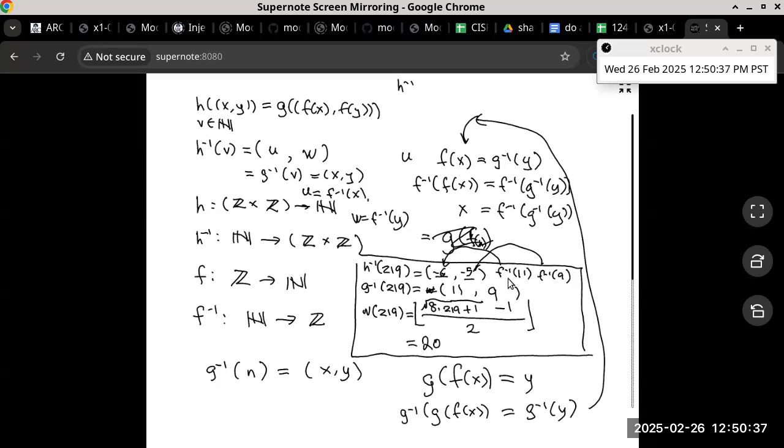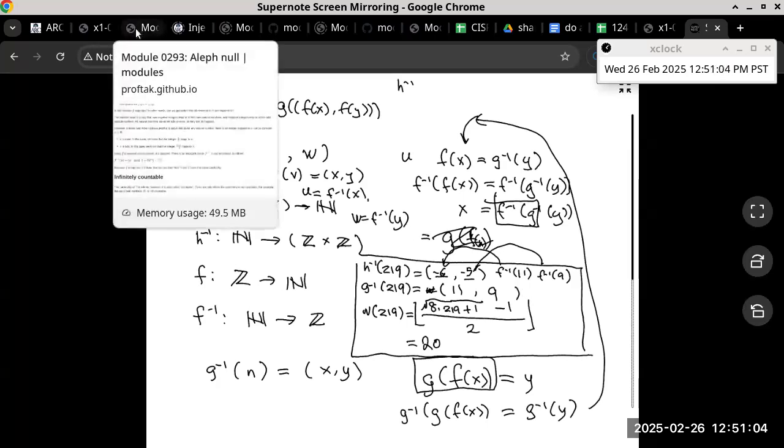In other words, all you have to do is to look at this thing here and look at this thing here and see how they're opposite.